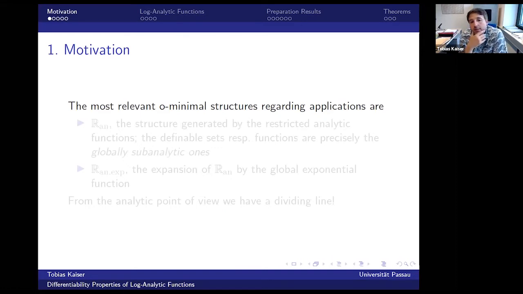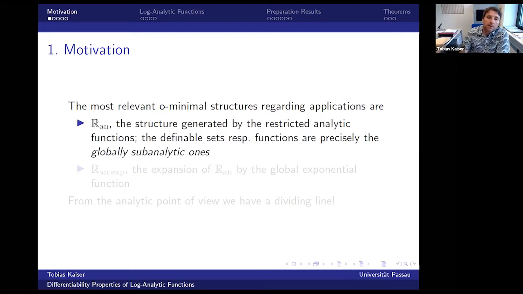So nowadays, humanity is very successful regarding applications, most notably in number theory, arithmetic geometry, and the most relevant open structures regarding applications are the structure R_an, so the structure generated by the restricted analytic functions.